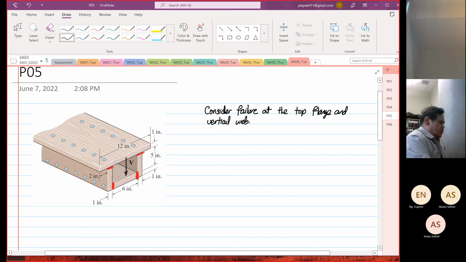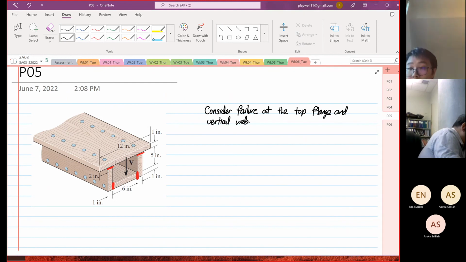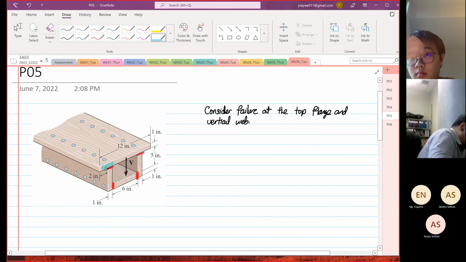What is the first moment of area to consider? The first moment of area to consider for the top flange is this entire area that I'm going to color in yellow. So it is this entire area.